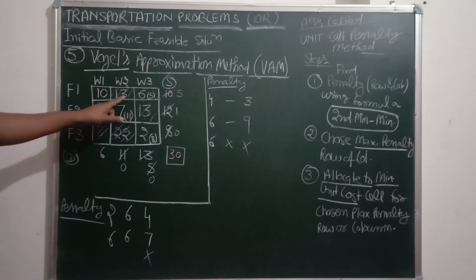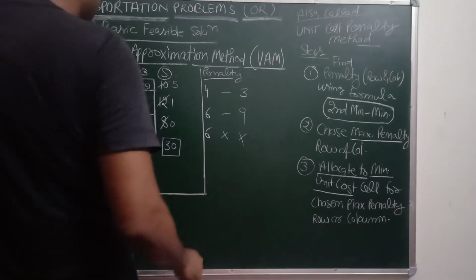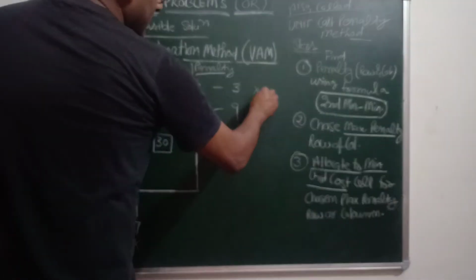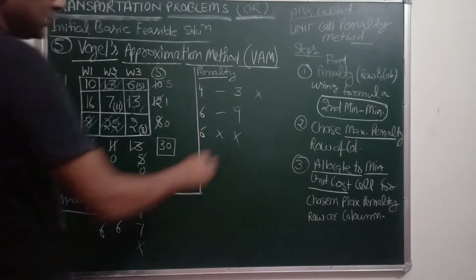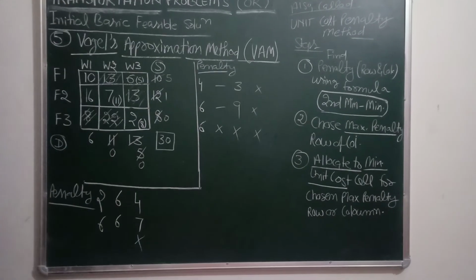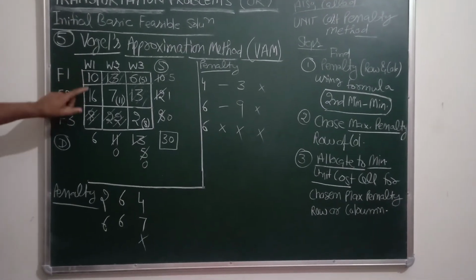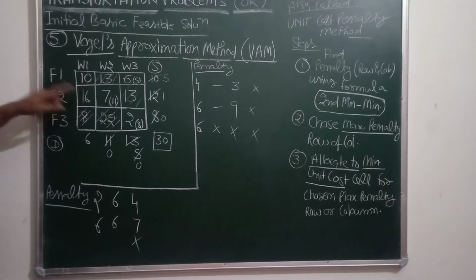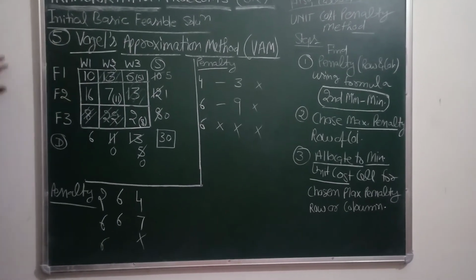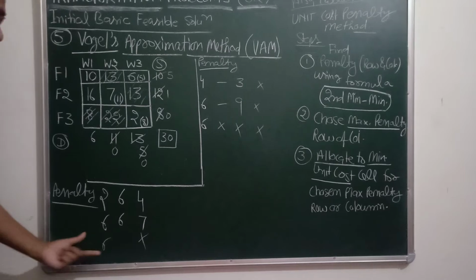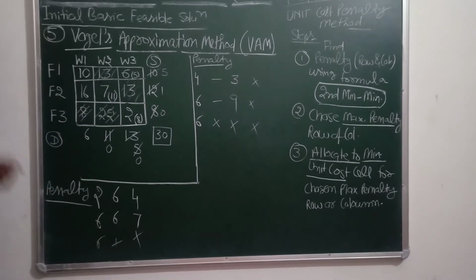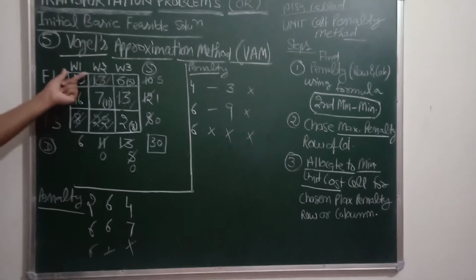Again you will see that now the penalty cannot be identified, so this will remain not applicable. And if you subtract that 10 from 16, it is 6, so this is also not applicable, so you can make allocation to this column.